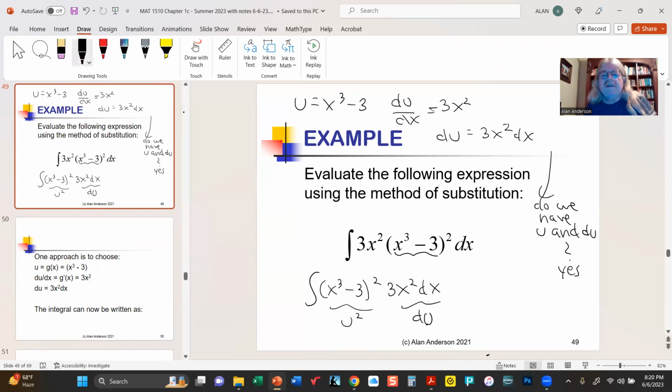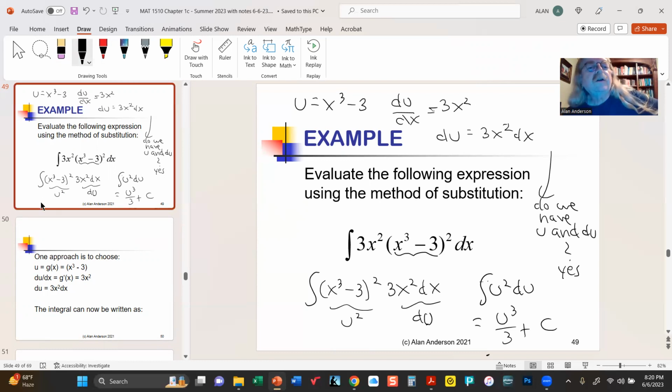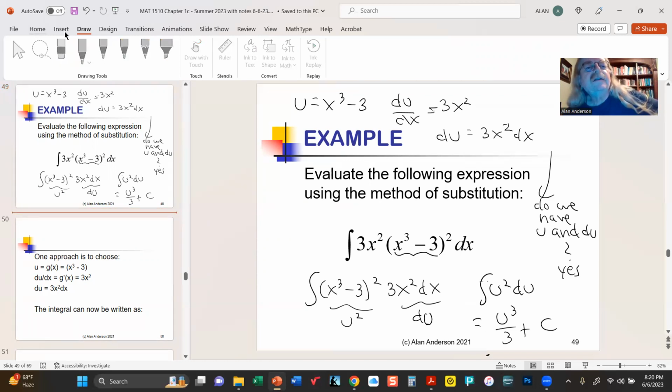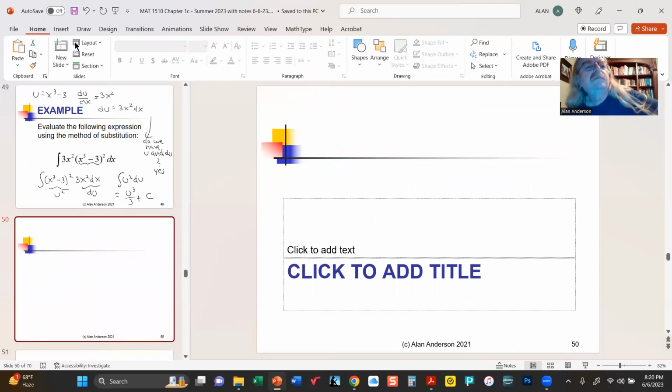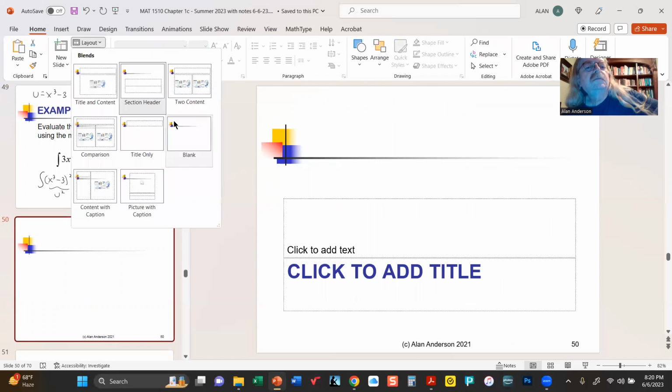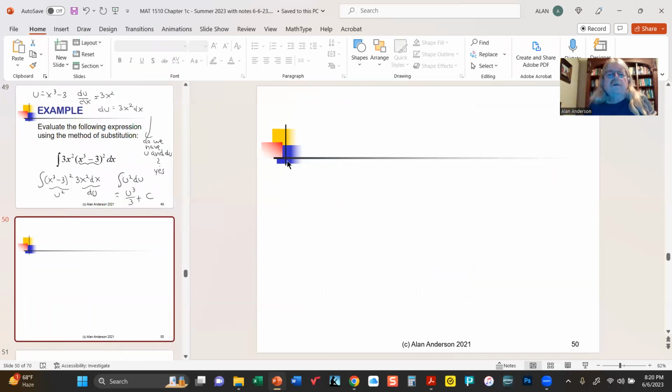Okay, so the answer is yes, we do have what we need. So what we're actually doing is equivalent to saying, what's the integral of u squared du? So we have u cubed over 3 plus c. Now all we have to do is make the correct substitutions back to x. Okay, so remember we defined u as x cubed minus 3.